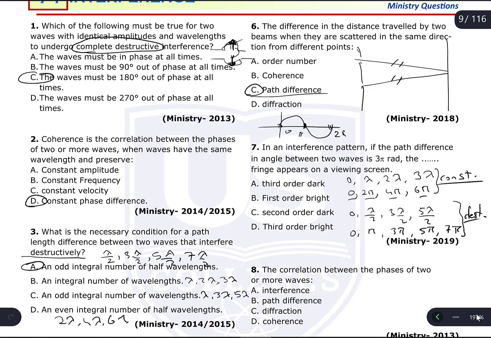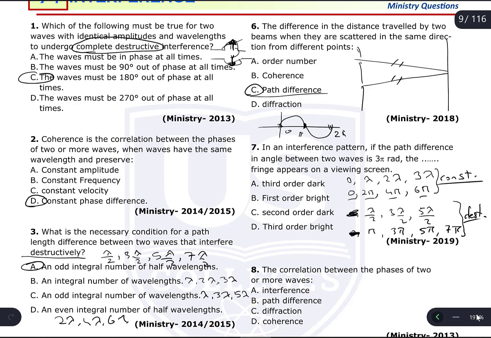According to path length difference, you can define destructive interference, which is dark fringes: lambda over 2, 3 lambda over 2, 5 lambda over 2. And you can also define the dark fringes according to the phase angle difference: pi, 3 pi, and so on. 0 does not count, because 0 is for the center.